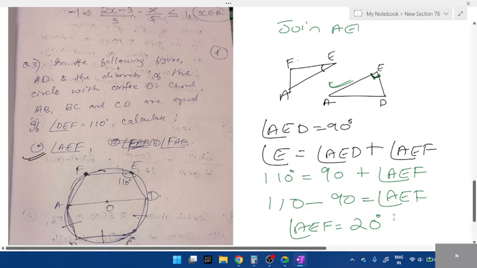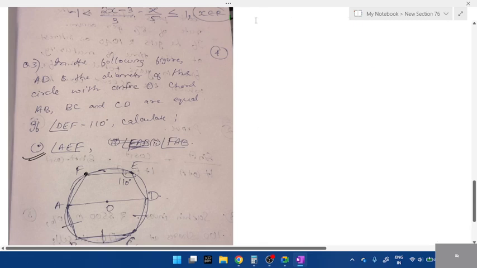Okay. Shall I do the next one? First answer we got. What's the second answer, students? We need to find AB. There's a line passing. FAB is made up of how many angles?